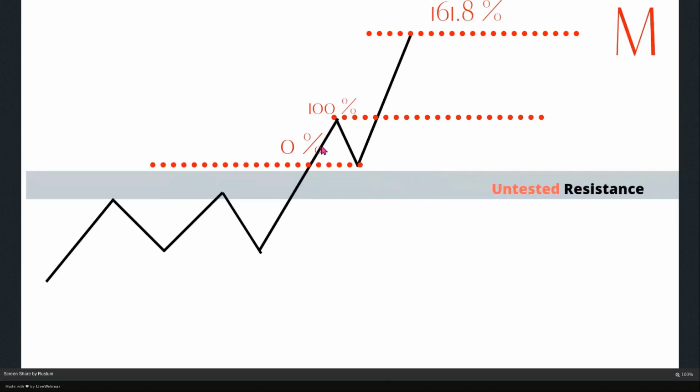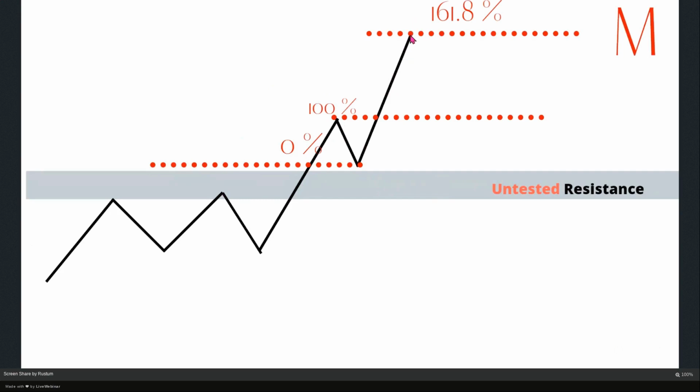Right? So now the next Fibonacci qualifier is when prices are still making higher highs. And this is the 100%. 100% means this is the highest the chart has gone at that point. Then you draw the fib down to the 0, to the midpoint of the M. And then your Fibonacci tool will go past the 121% all the way up to 161.8.